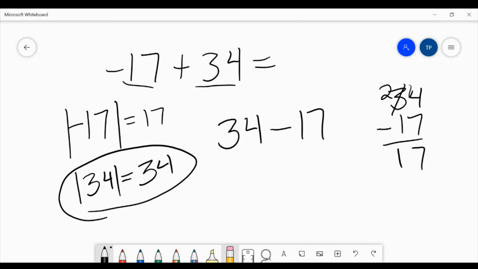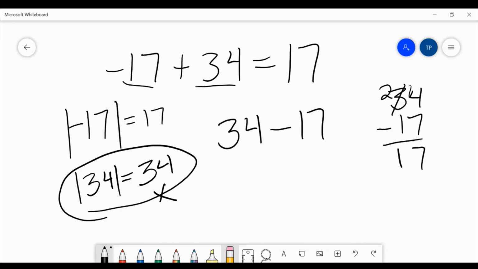So my answer looks like it's going to be 17, but we have to check and see which value had the greater absolute value, right? Which we said was positive 34, and we checked the sign. The sign is positive, which means our answer is positive.